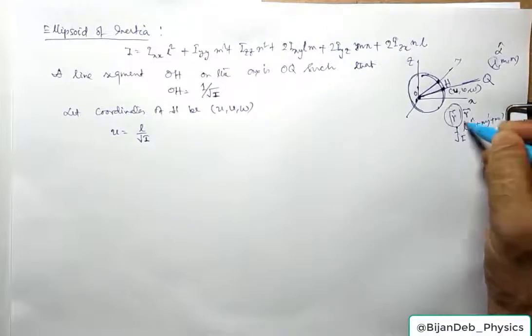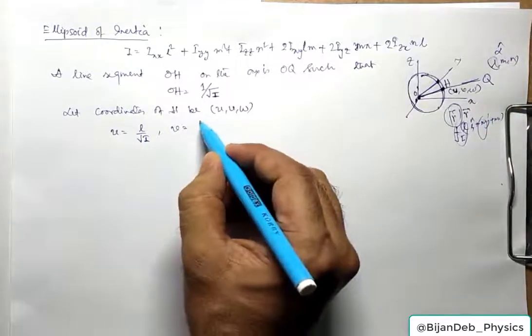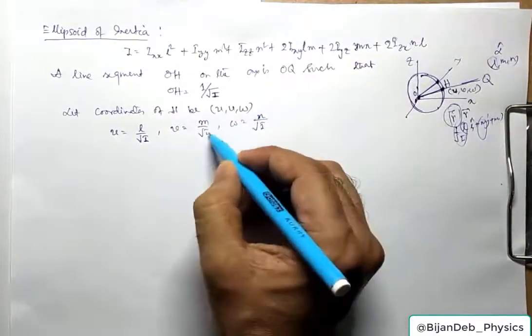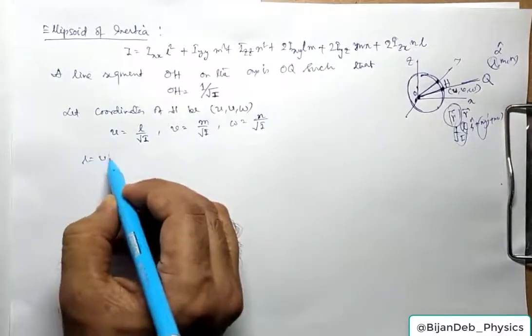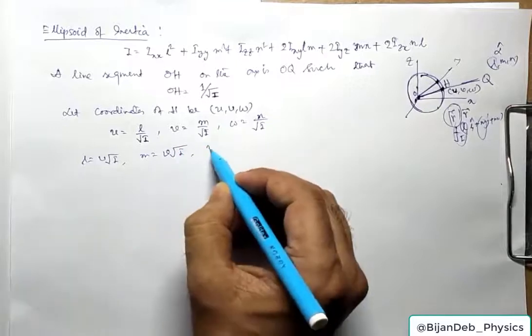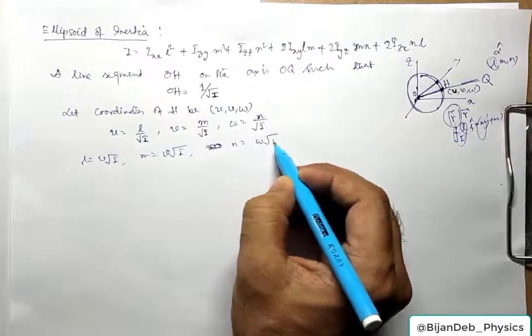You should remember this. So the x, y, z components will be U, V and W. From this you find l is U root I, m is V root I, and n is W root I.